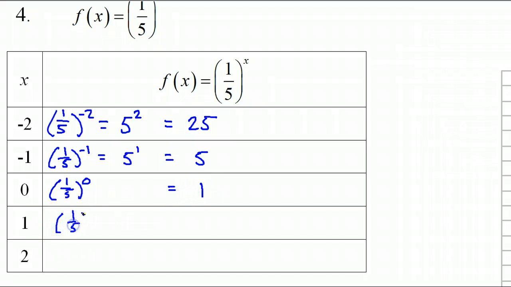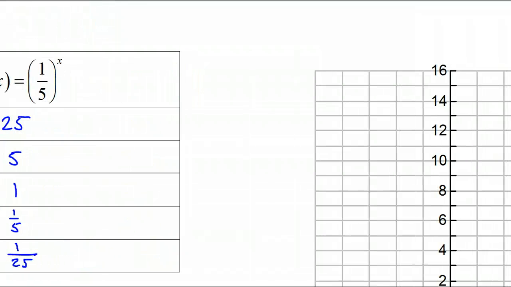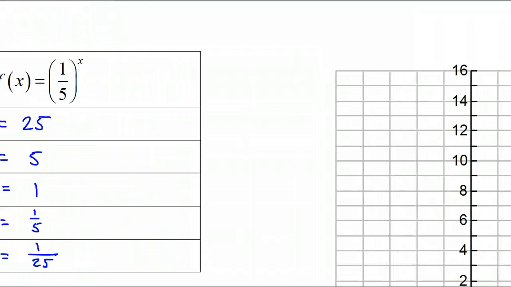But then I will have 1/5 to the 1 power, which is just 1/5. But then I will have 1/5 squared. All right, and 1/5 squared is the same thing as 1 squared over 5 squared, which is just 1 over 25. So these are my values. So starting at -2, I'm all the way up there at 25.